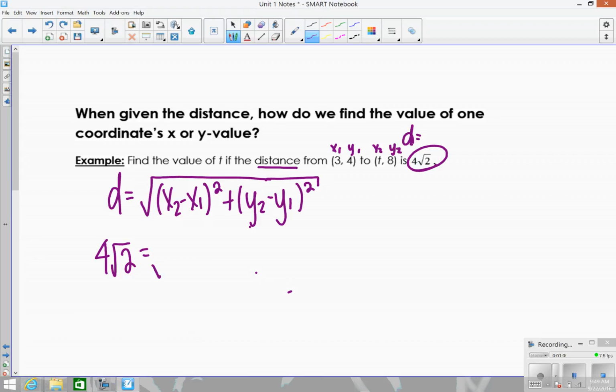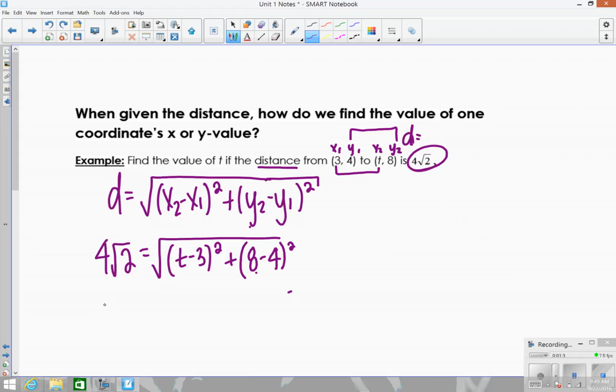So when I go to plug in, subtract the x's, so it'll be t minus 3. And then subtract the y values, so 8 minus 4. And then we simplify. So I can combine these.